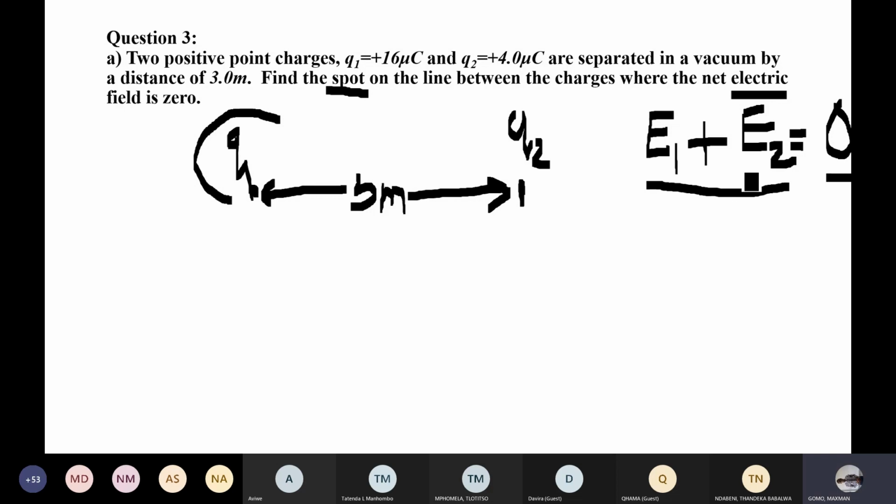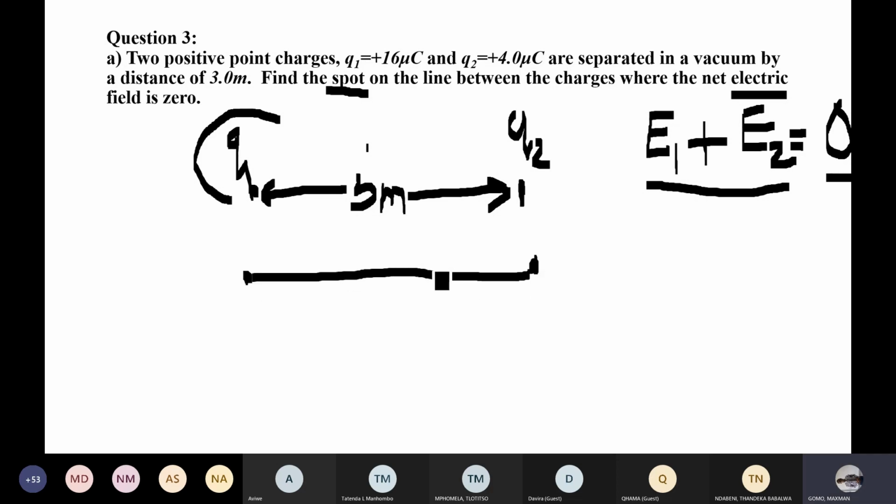So what you can simply do, folks, at any space along these two charges, you can just mark a spot. Okay, let me redraw them here. Then this is the distance between them.